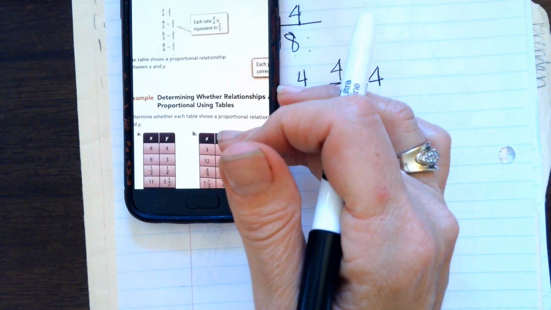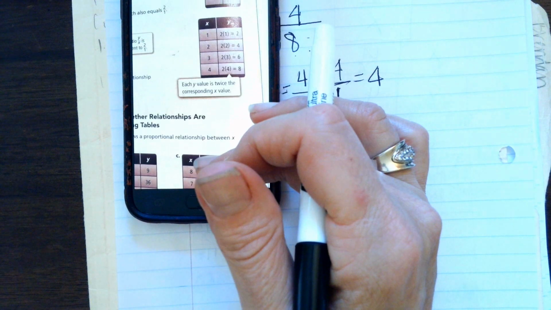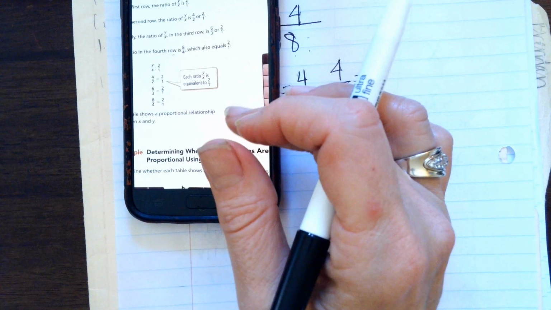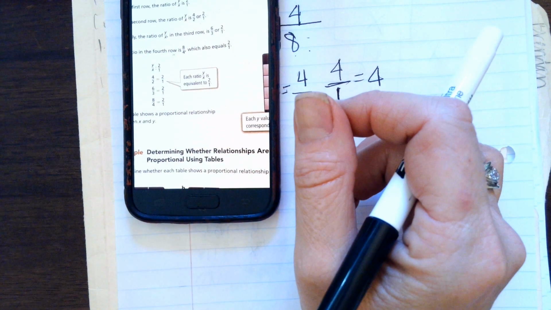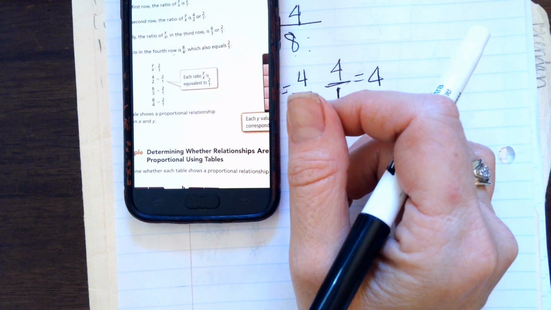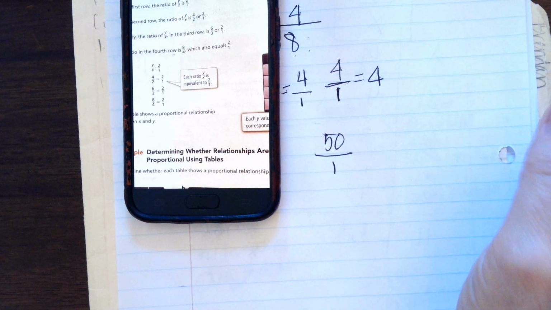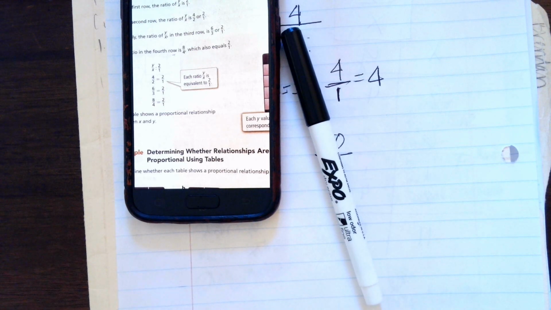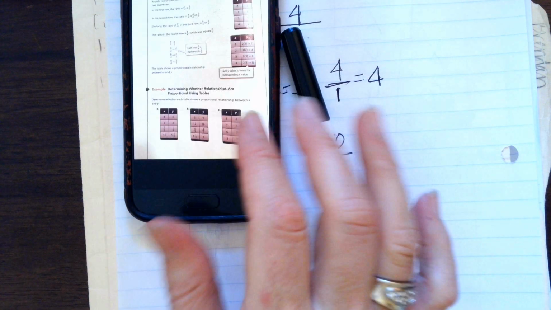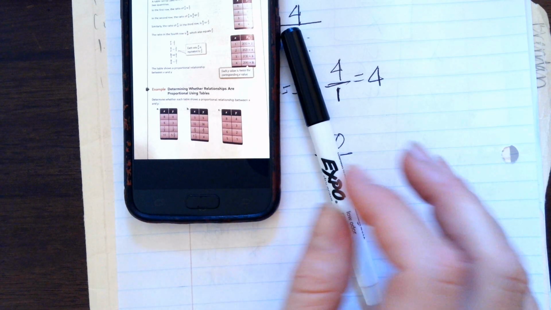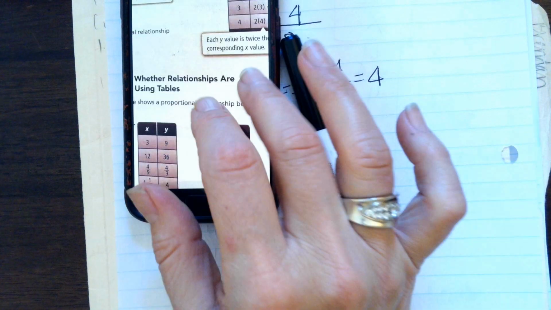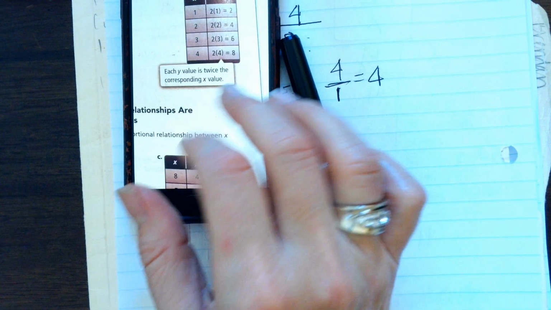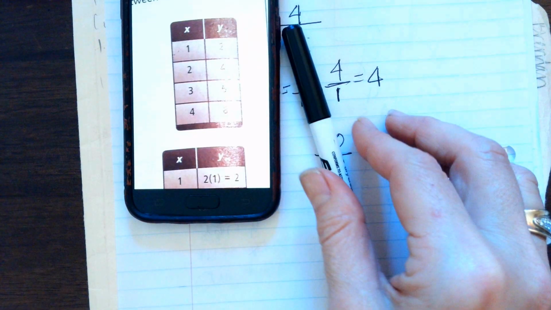So if you put these together on the chart and then you simplify them, they're all going to be the same, so that's how you know they're proportional? Yeah, and if when you figure them out they're not the same, then they're not proportional. They're not going to always be proportional. What? You just say it's not proportional? Exactly. Yep.